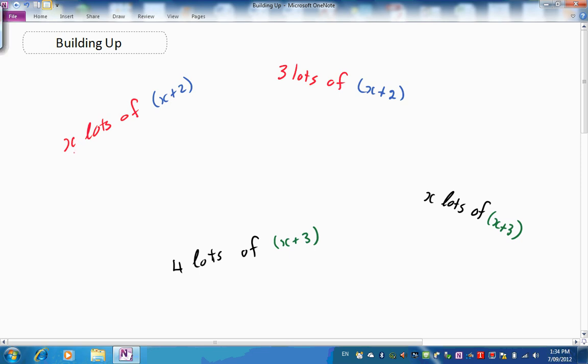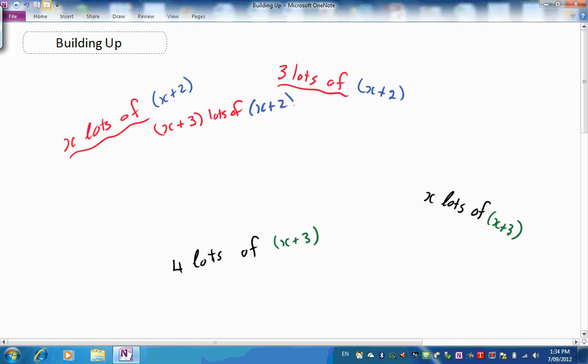We've got x lots of x plus 2 and 3 lots of x plus 2. How many lots of x plus 2 have we got all together? Can you see it? We've got x plus 3 lots of x plus 2.